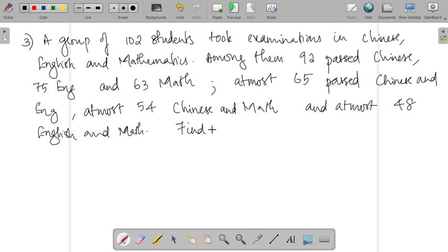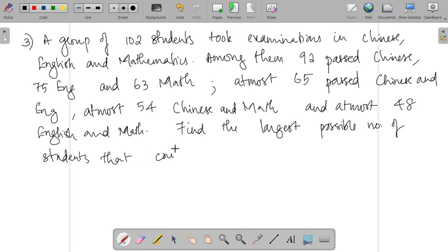Then we need to find the largest possible number of students that could have passed all the three subjects.